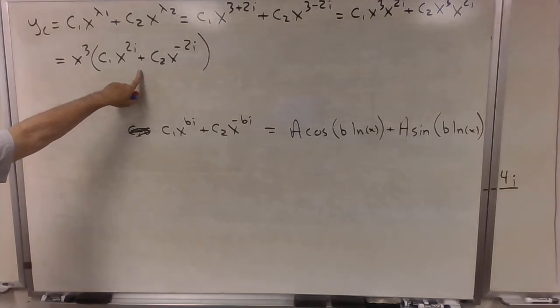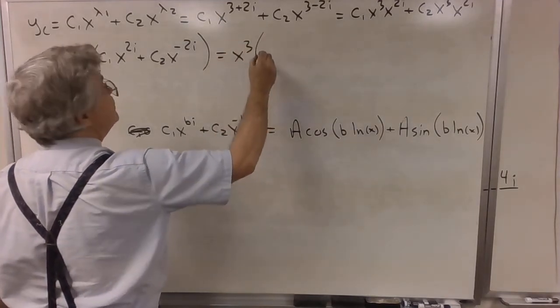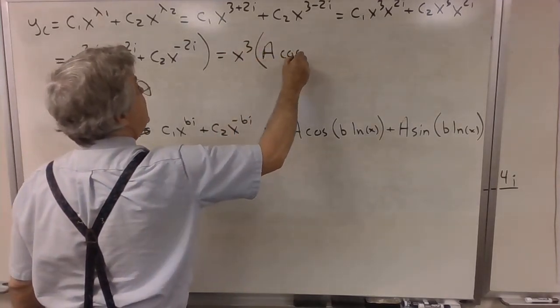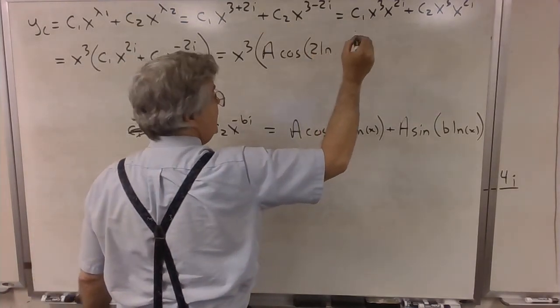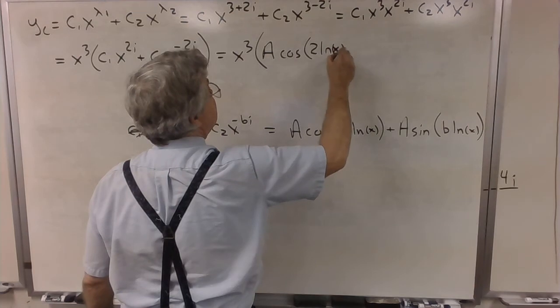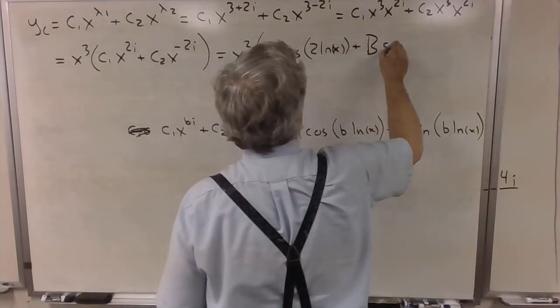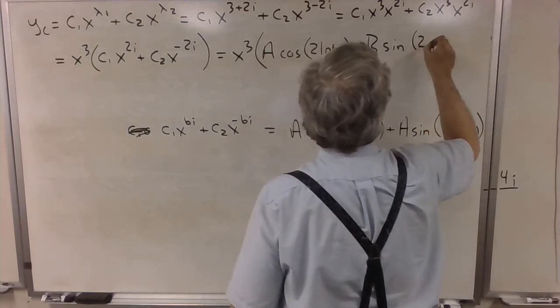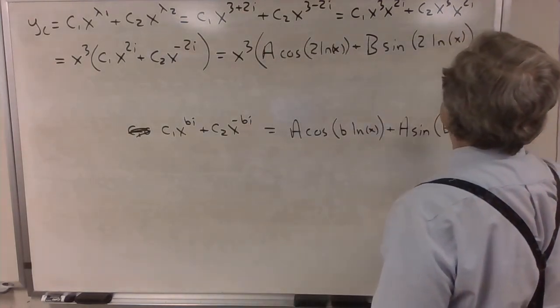So that tells us exactly how we can rewrite this. X cubed a cosine 2 natural log of x plus b sine 2 natural log of x.